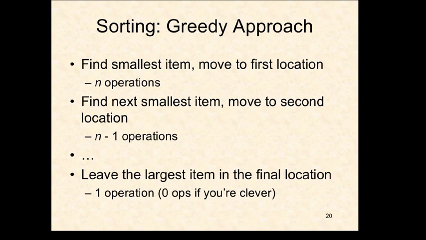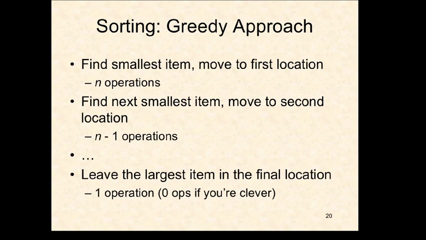Okay, so here's one approach to solving the sorting problem. I could say, hey, let's find the smallest value in the array and swap it with the first location. Then, for the other n minus 1, I find the smallest of those and move it to the second location. I find the smallest of the remaining n minus 2, I move that to the third location, or swap it with the third location.